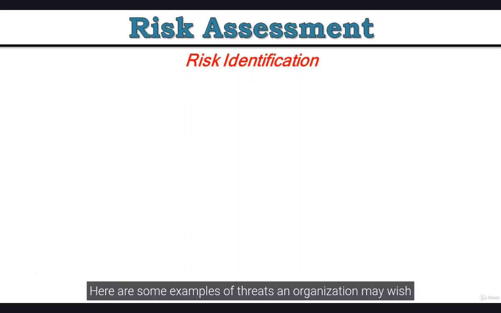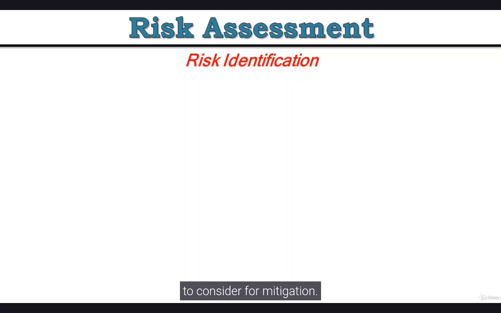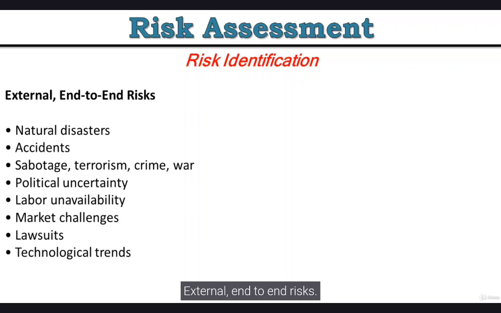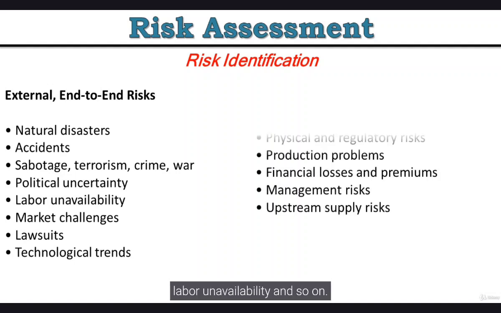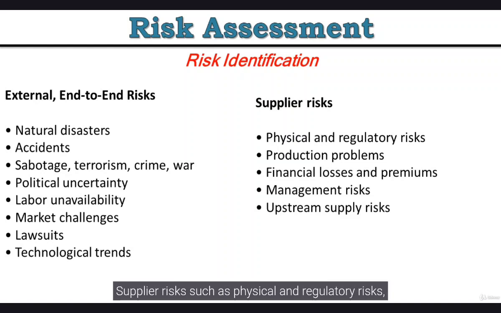Here are some examples of threats an organization may wish to consider for mitigation. External end-to-end risks: natural disasters, accidents, sabotage, terrorism, political uncertainty, labor unavailability, and so on. Supplier risks, such as physical and regulatory risks, production problems, financial losses, management risks, upstream supply risks.